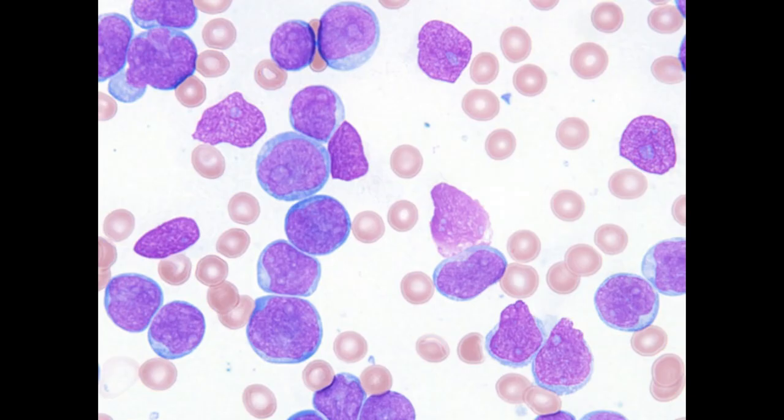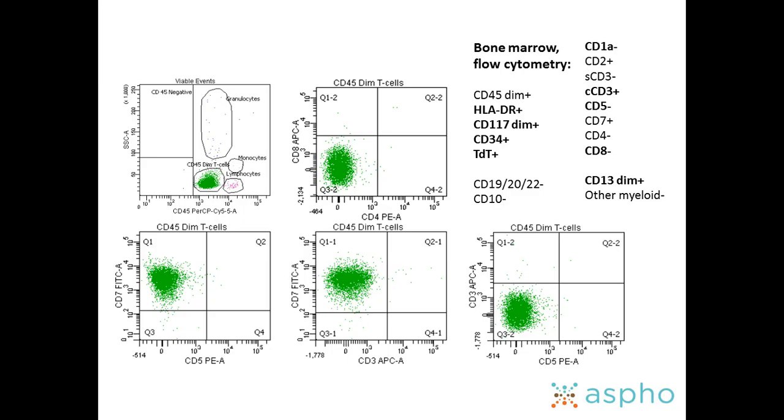Here's another peripheral blood showing blasts that are somewhat larger with more ample cytoplasm and more prominent nucleoli. I would have difficulty saying morphologically if this was ALL or if this could be AML. By flow cytometry, this case, however, expresses HLA-DR, CD117, which is a myeloid marker, an immaturity marker, CD34, and TDT.